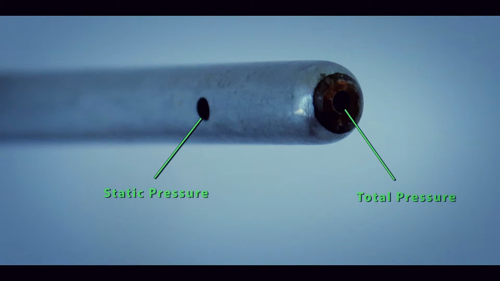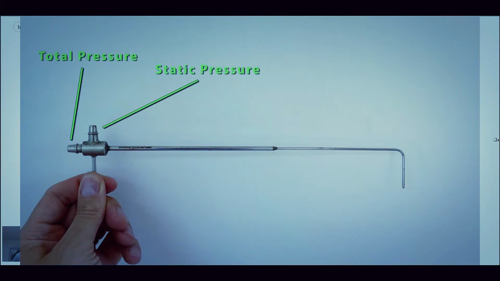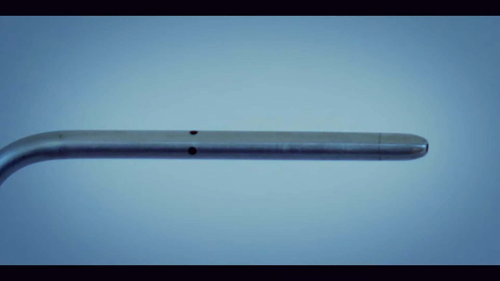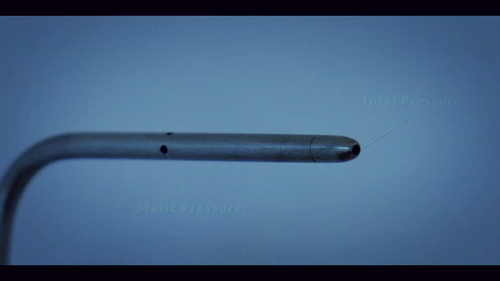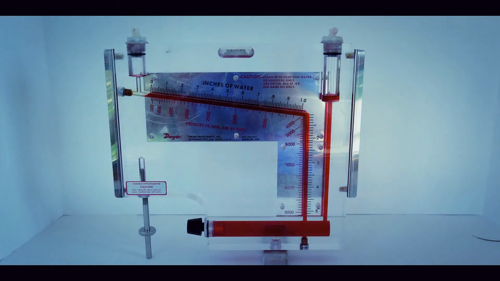That's looking from the front where you see the total pressure port. And then as we angle it, you'll be able to see both the total at the front and the static pressure tap on the side. Here's another Pitot static tube, and there you can see the taps at the end of it. When we look at the front of that Pitot static tube again, you'll see a total pressure tap and then the static pressure tap on the side. And that's where we measure the total pressure and the static.